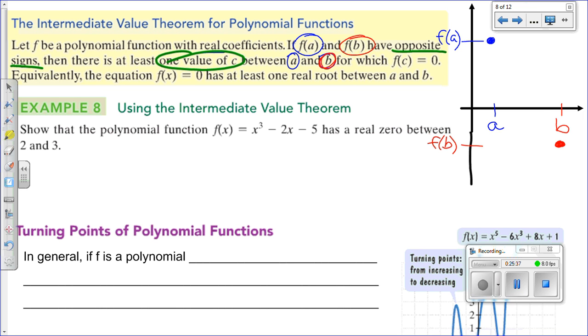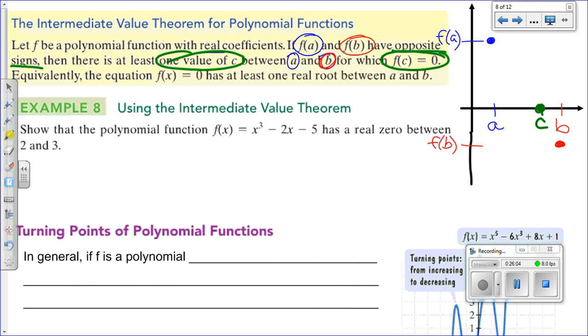So I want to have it closer to b, for which f of c is equal to 0. So if f of c is equal to 0, that means that the y value that corresponds to c is 0, meaning it will be on the x-axis. Okay? So that's what the intermediate value theorem says.